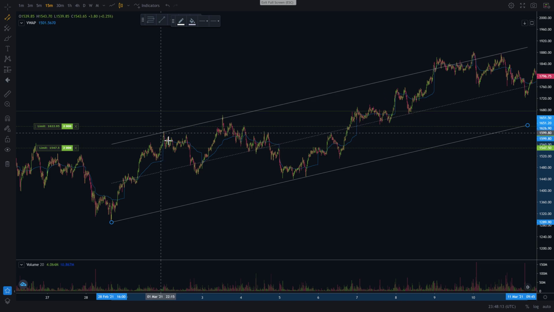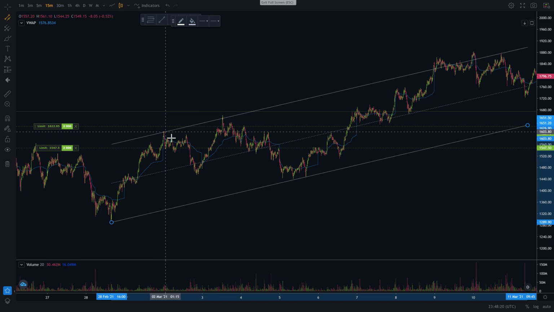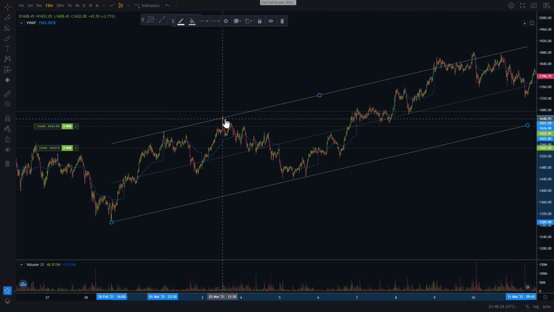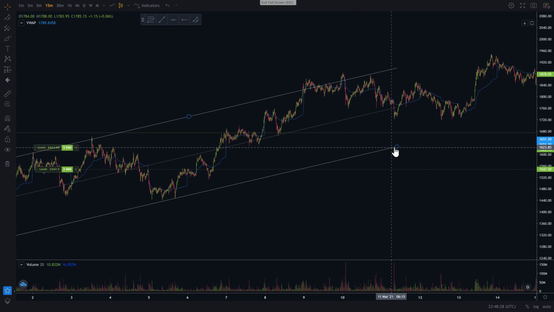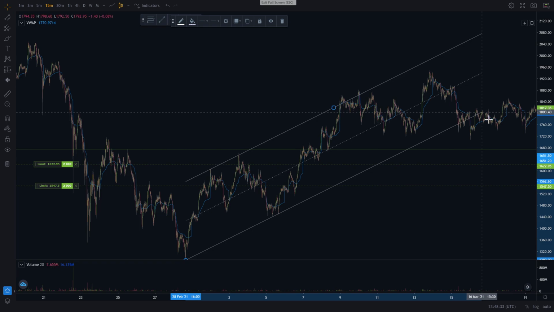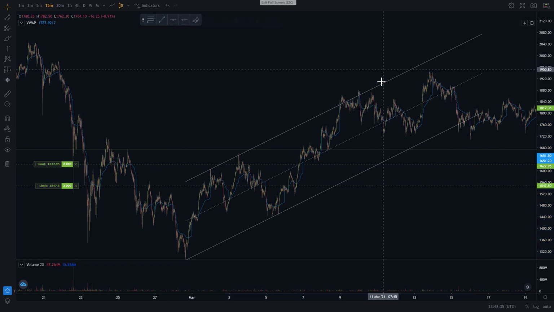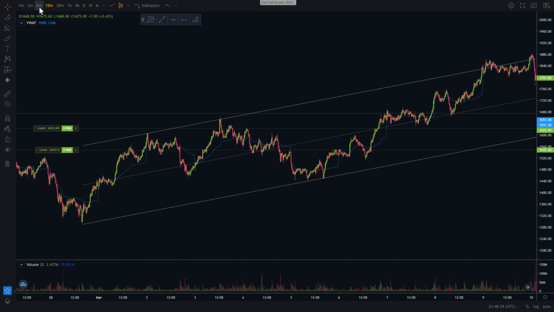And now you are trying to look for a strong high, which can be this one. But I see this one is much better because it was already giving a reaction here. Okay, let me make it a bit bigger. Okay, we can go to lower time frames.